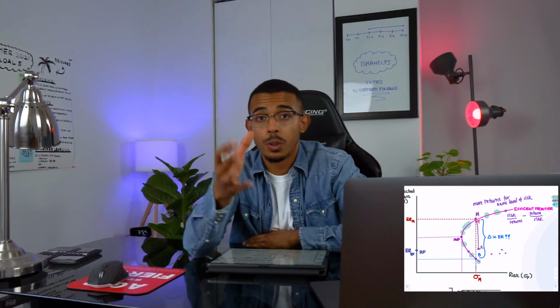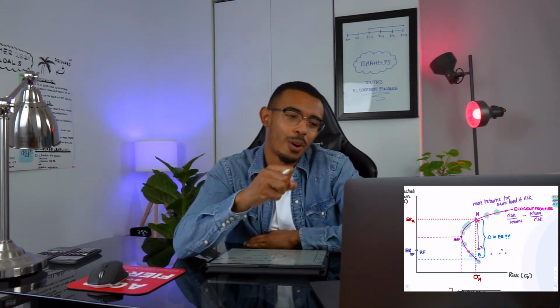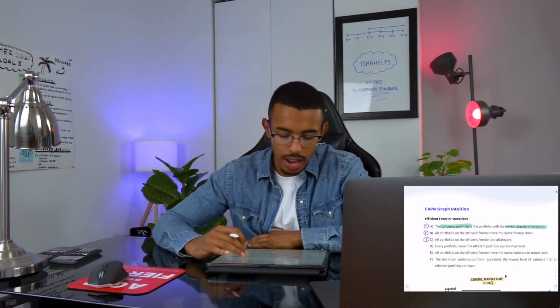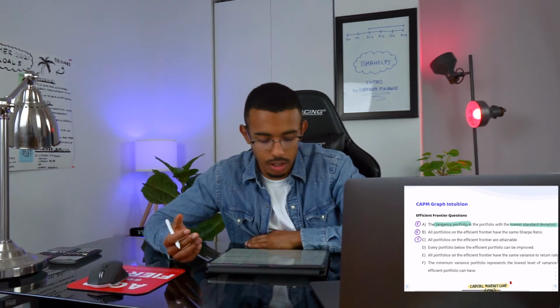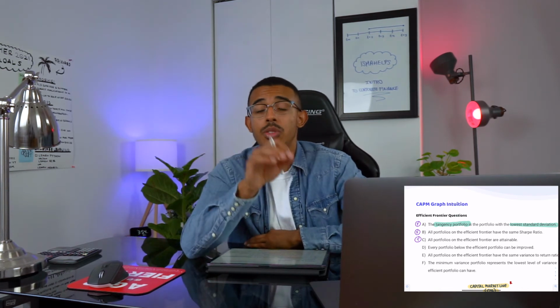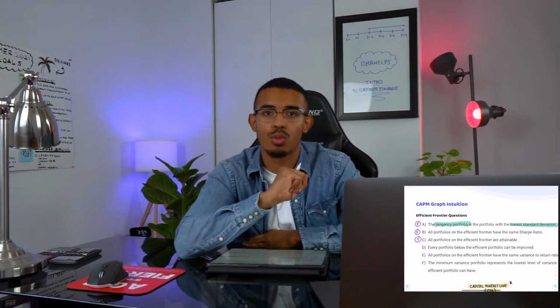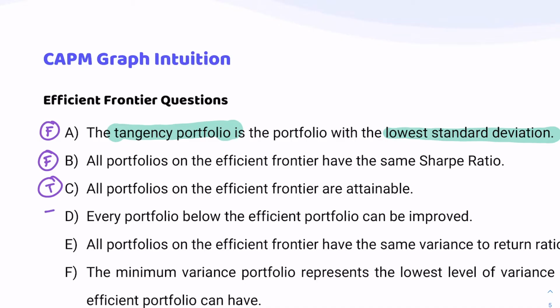And that's something super important. So for that reason, when we go back to D, we tell you that every portfolio below the efficient frontier can be improved. Well, that's actually true because you could find another point within your efficient frontier that will give you more returns for that same given level of risk. And that's a really important takeaway.